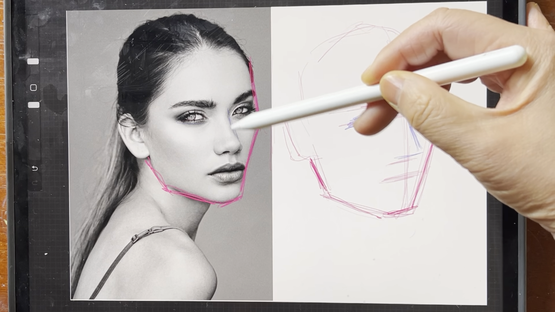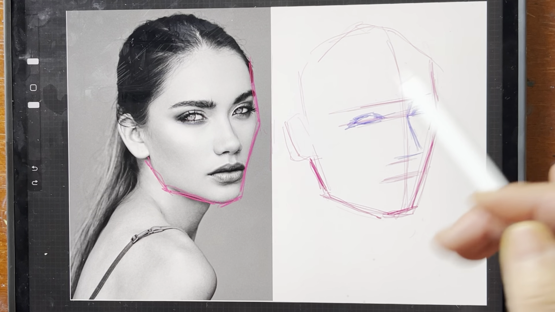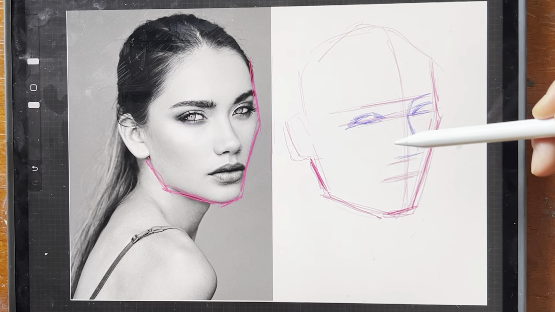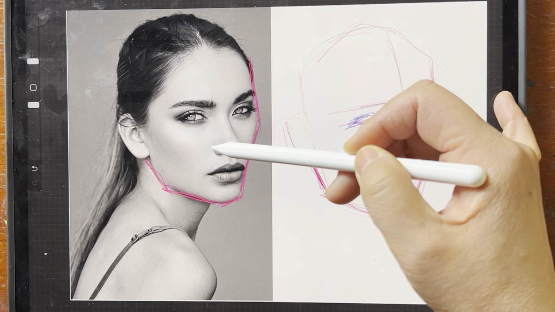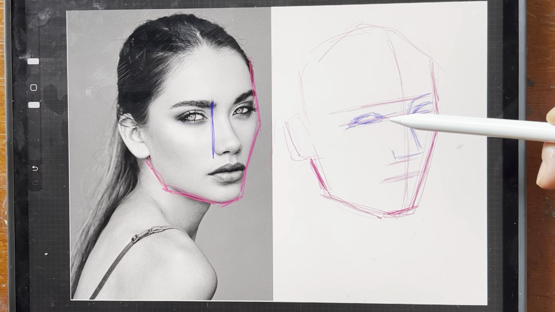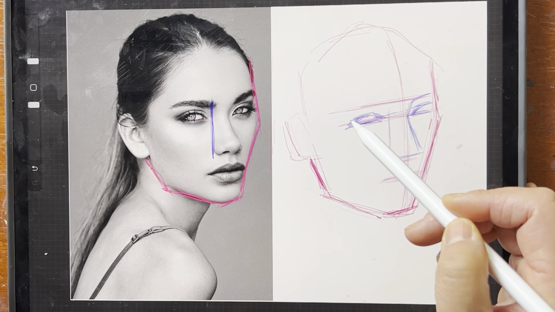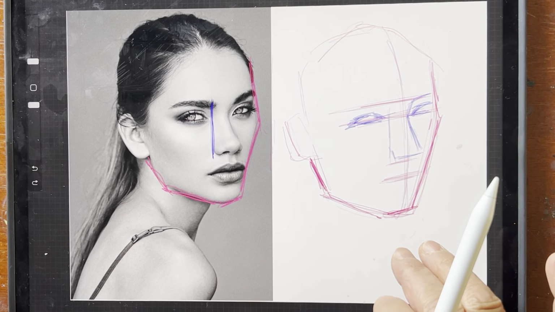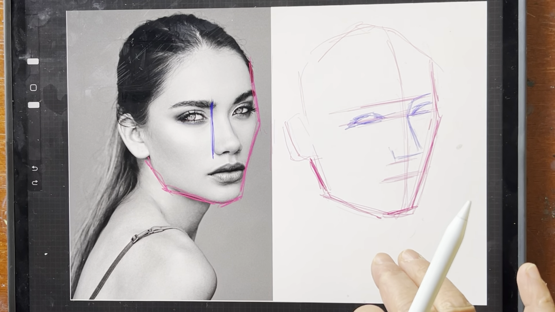This line is slanted this way. I use the horizontal and vertical line to get the angle right. And here is this, right? What I'm looking at is a straight line here. So this meets the end of that eye, right? Maybe this eye needs to be more this way. Okay.